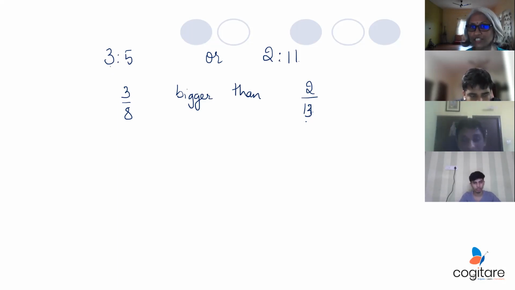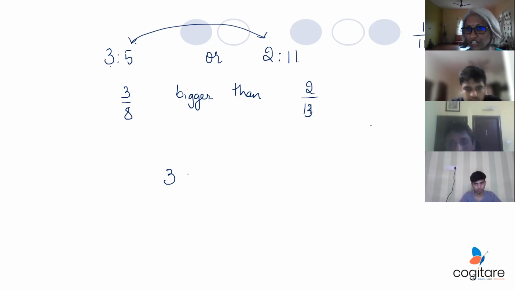Okay, so what he's actually trying to do is find out which ratio is bigger. How can you do this? One common thing is you have threes. Supposing I told you 1/11 and 2/11, obviously you know which ratio is bigger. In this case, just make the denominator the same. How do I make the denominator the same?